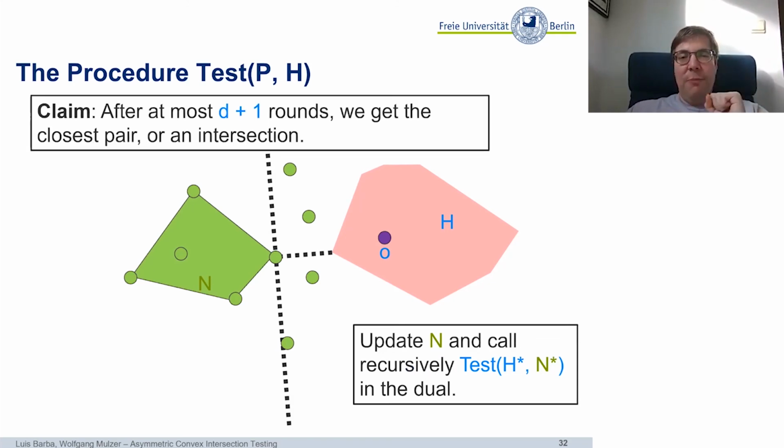And this we repeat. And if this happens d plus 1 times, then we know, as in the LP type algorithm, that we found a closest pair. So if we're in this case d plus 1 times, we're done.